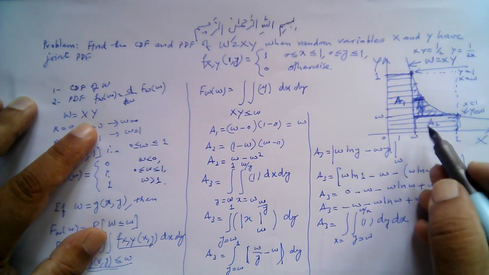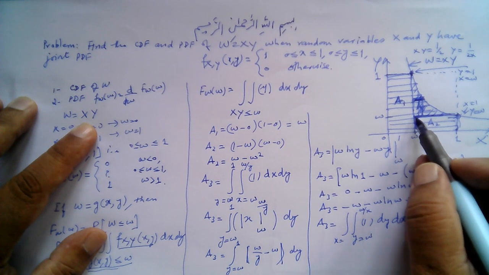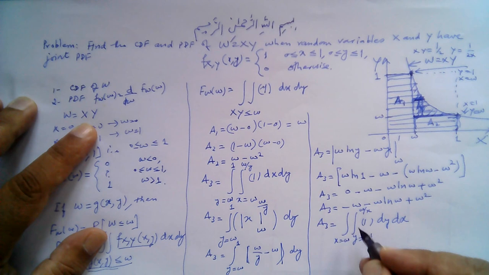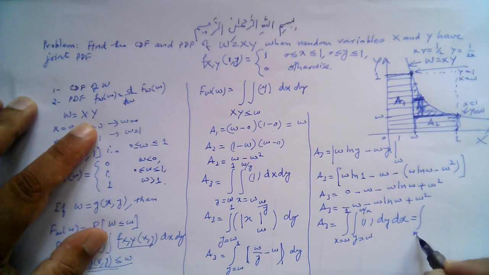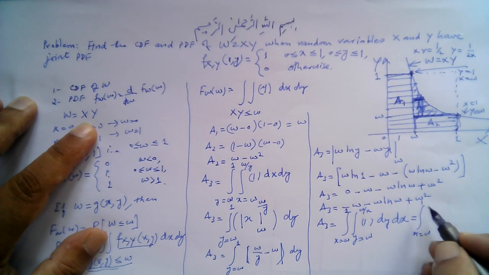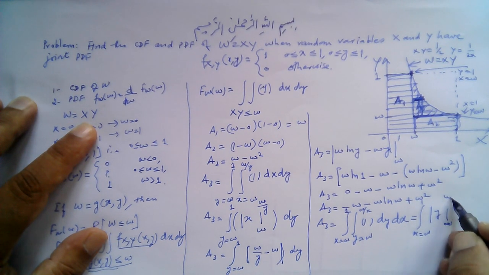And we move this strip from here to here, which means x is equal to w to 1, right? So we first integrate with respect to y now. So we get y here, and y is equal to w over x, and we are still left with this integral dx.